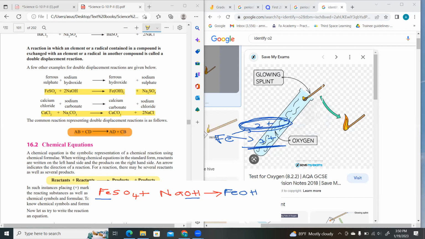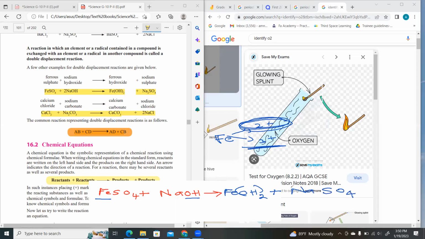Otherwise, usually Fe3 plus won't be forming. So you have to know that the charge of Fe will be 2. So that 2 is being brought below this. That 2 belongs to O and H both, because hydroxyl is OH minus. So that minus, when we take it below Fe, nothing will be written because we don't write 1. And the next product is sodium sulfate.